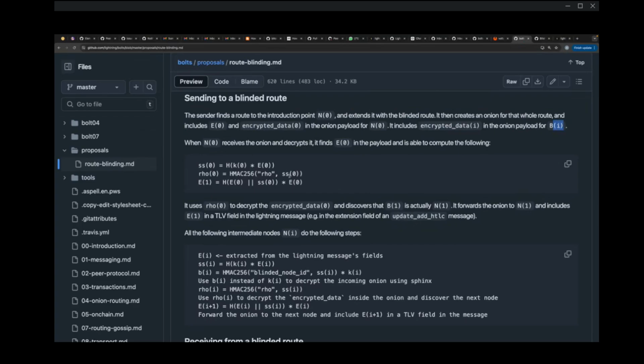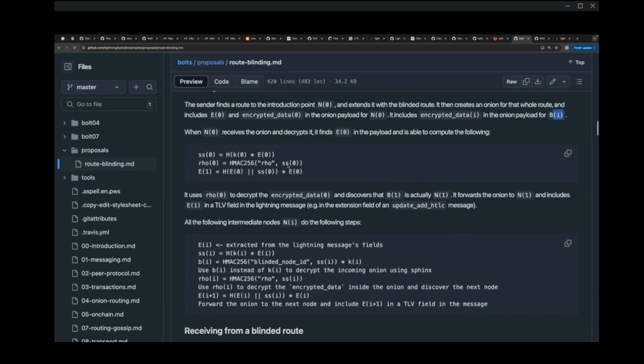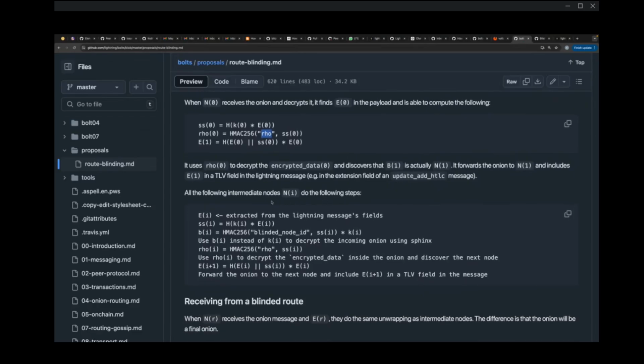So when the introductory node receives the onion route, it would have the public ephemeral key. Using it, it could derive the shared secret and the rho key. And using the rho key, it would decrypt the data which is inscribed for it inside the onion payload, which is, by the way, created by the vendor.